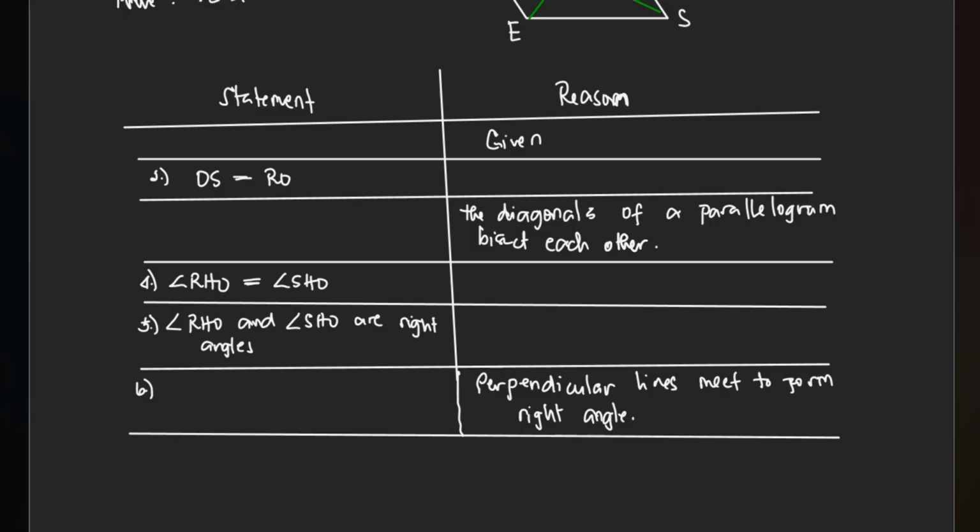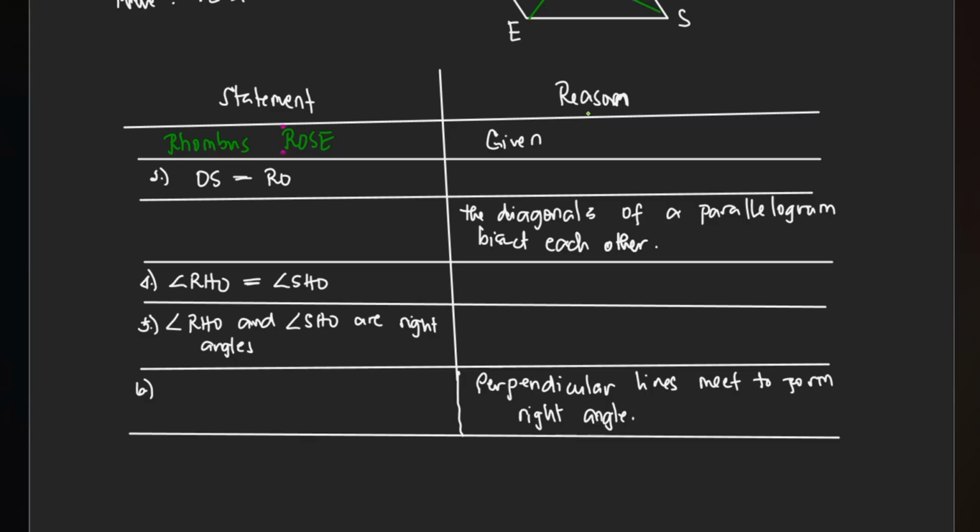Now, if you observe sa ating given, sa reason natin, we have the given. So, yung sabi ko kanina, you have to observe ano yung nasa given natin. Yung given natin will be a rhombus. Yung name ng rhombus natin, that is ROSE. Now, the first statement is a guide for your second statement para ma-identify mo ano yung reason or ano yung possible statement mo.